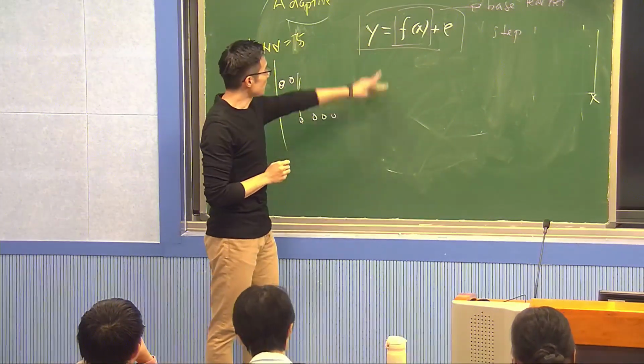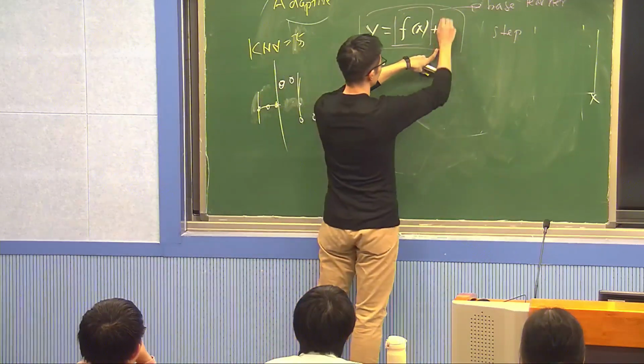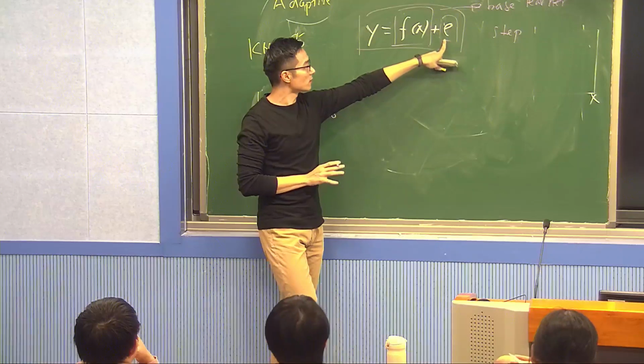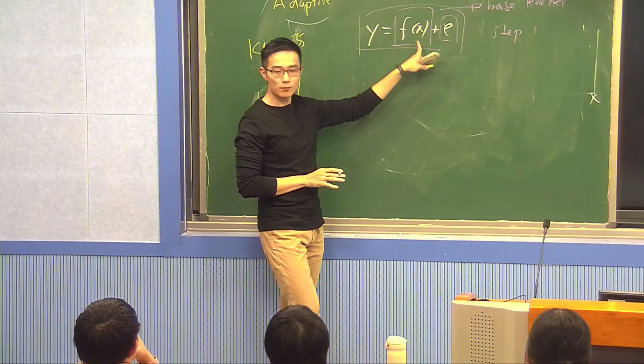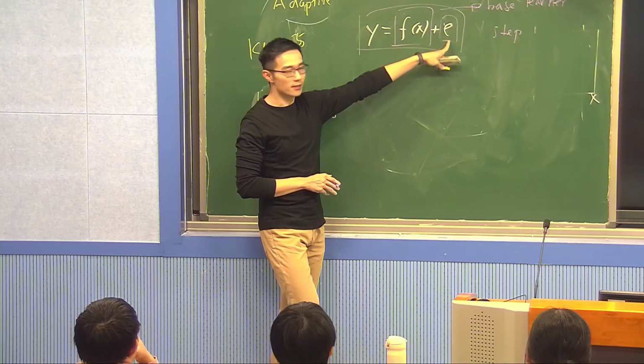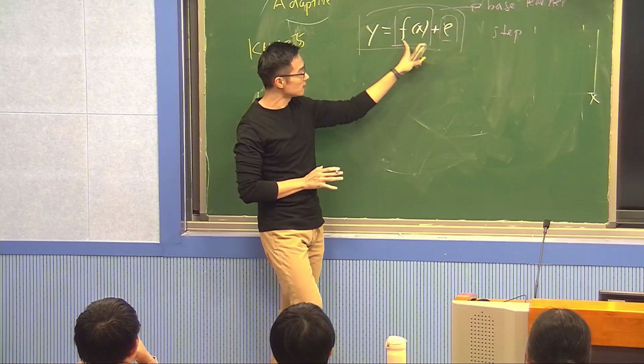Now, after step one, these e's are the errors I make, meaning these are the things in y that I cannot capture with my f(x). So, can I improve it? How can I improve my model? Well, let me try to fit these things, because these e are the things that I cannot explain in the first stage, right?